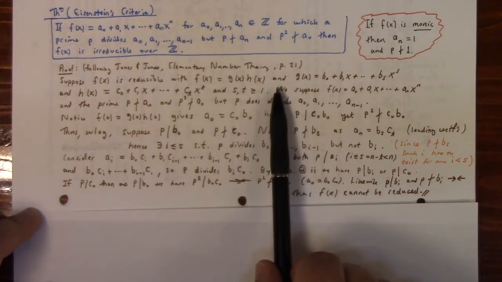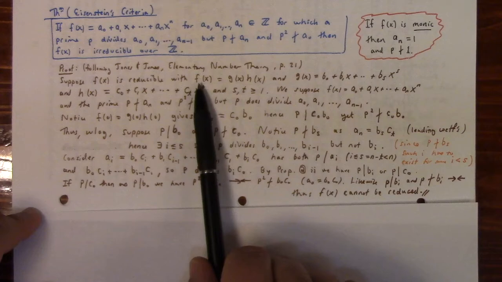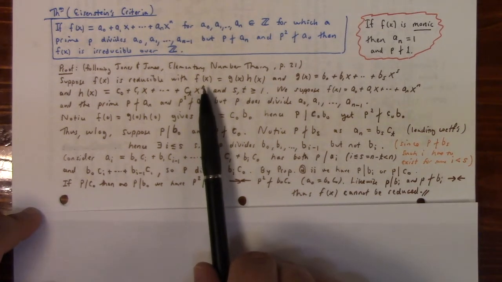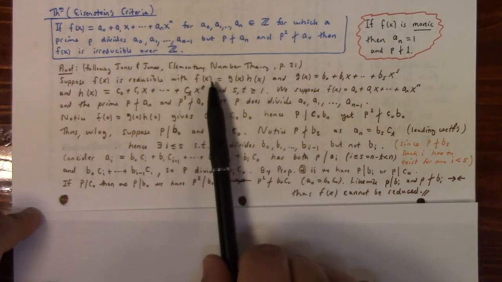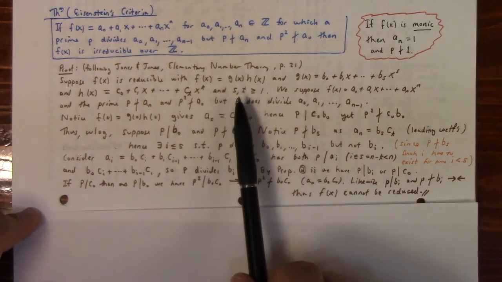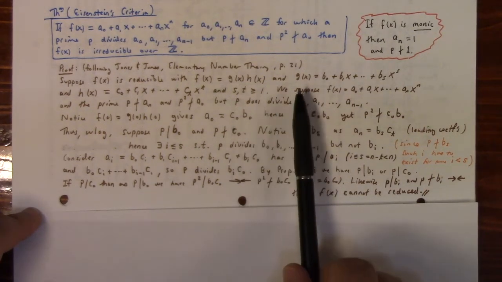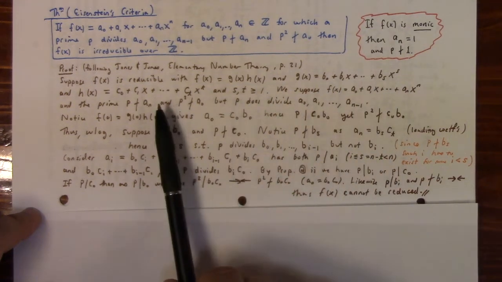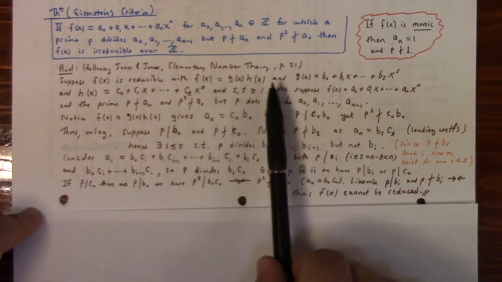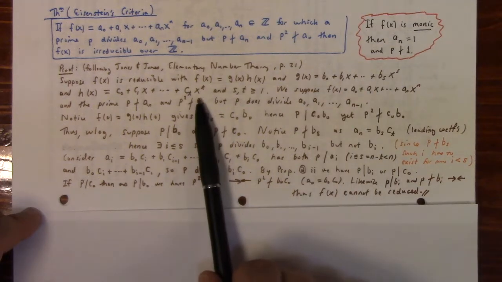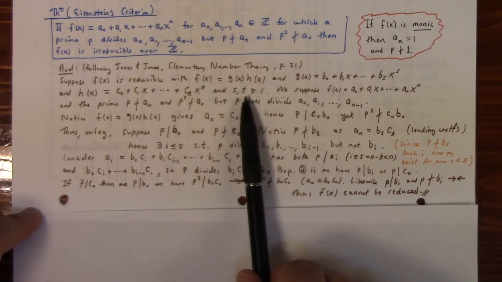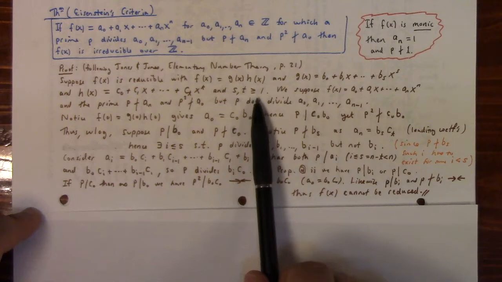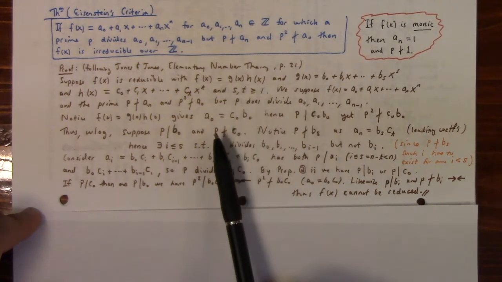We're assuming that f of x has coefficients a0 through an, which satisfy the conditions of Eisenstein's criterion. And then we suppose we have g of x and h of x with coefficients using b's and c's, where the degree of g is s and the degree of h is t. I'm assuming that the degrees are greater than or equal to 1, so that it's an interesting reduction.